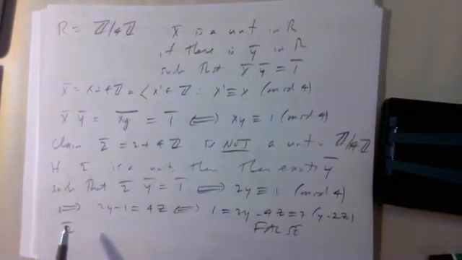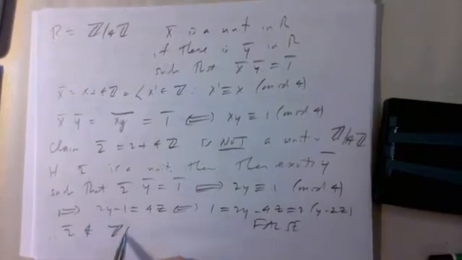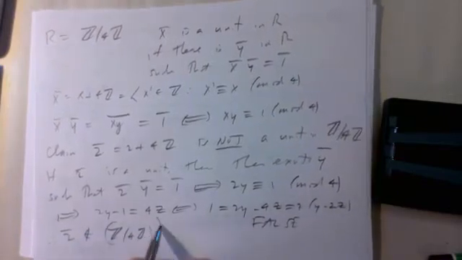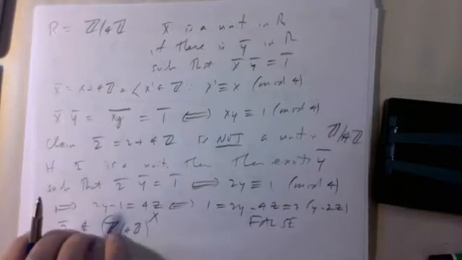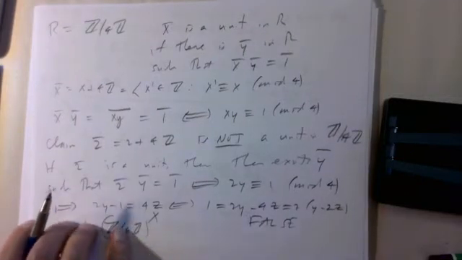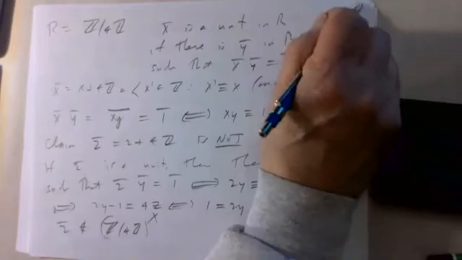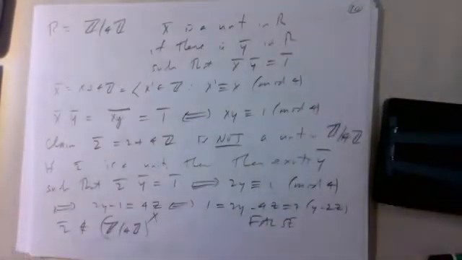So therefore, the congruence class of 2 is not a unit mod 4. So that's the argument.